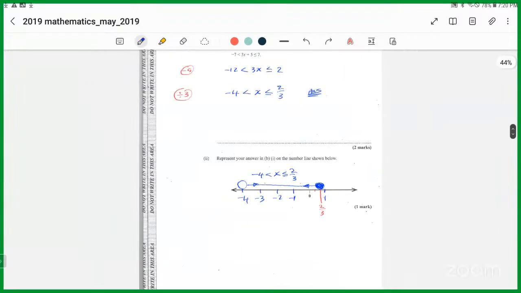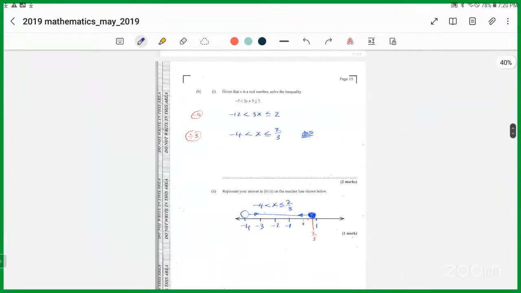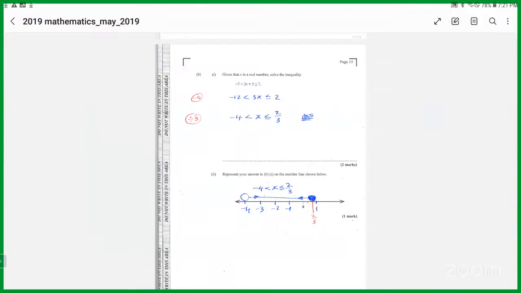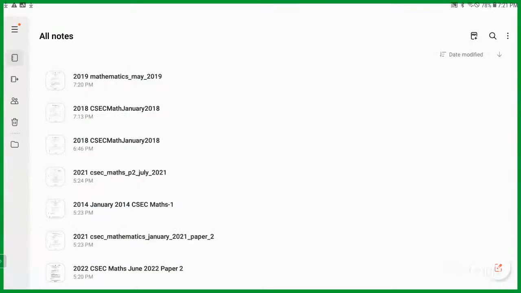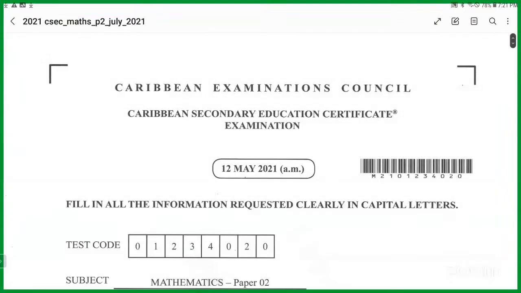I wanted to show you this one. More maths equals better maths. Progress before perfection. One step at a time. Alright, 2021, and the question is supposed to be 4B as well.